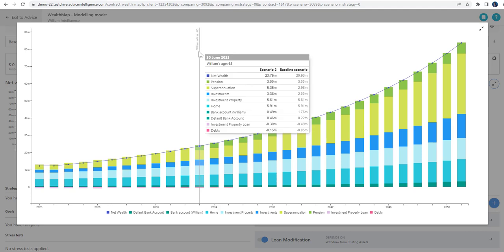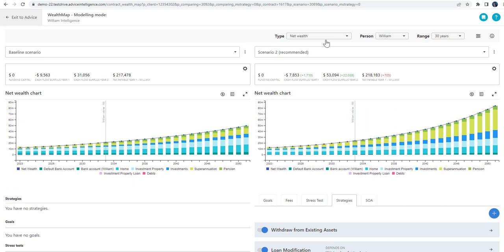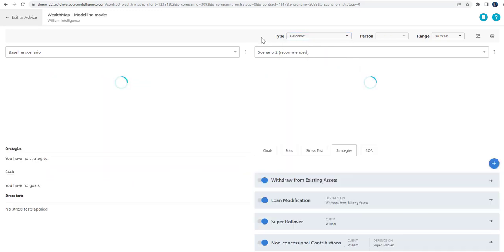When he goes into retirement, as you can see, we've increased his total net wealth from 20.9 million to nearly 24 million. And of course, we can show you the impact of everything on his cash flow as well.